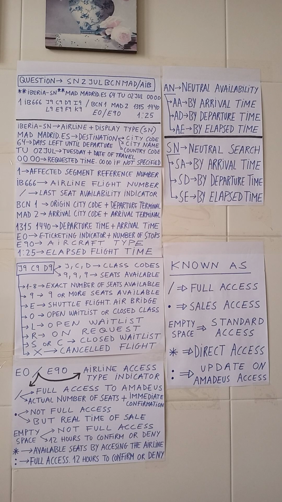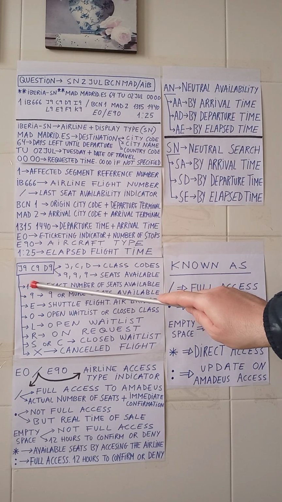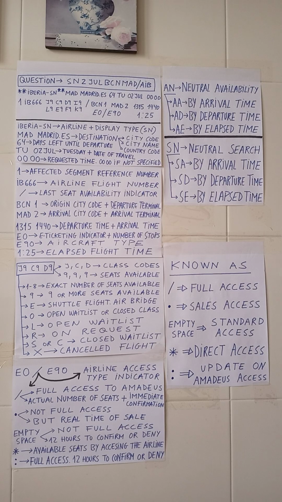Let's go to numbers 1 to 8. In this case, Amadeus always tells us the exact number of seats available in each class.